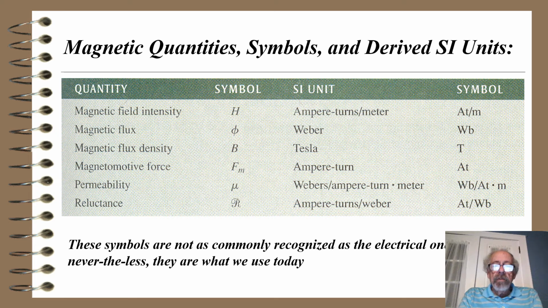Permeability is mu, another Greek term. Reluctance looks like a script R. So again, these are kind of units you don't come across very often. They're not as commonly recognized as the electrical ones, but nevertheless, they are what we use today.